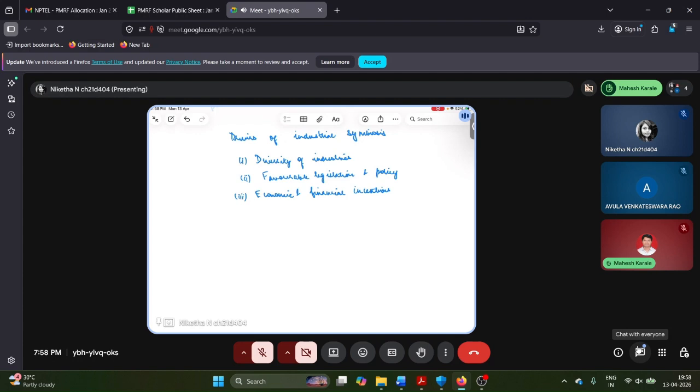Apart from this, there are also financial incentives in terms of, if the raw material required is very expensive, then taking it as a waste can become a much cheaper option. So if it is already a waste, then it is going to be sold at a lower price.